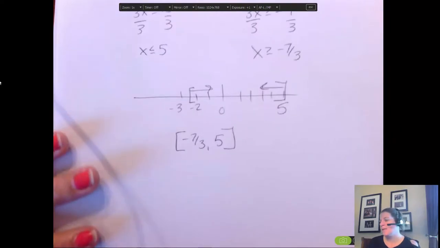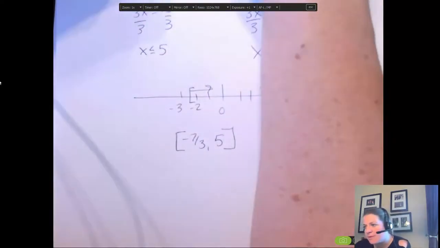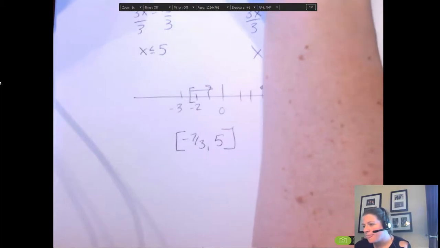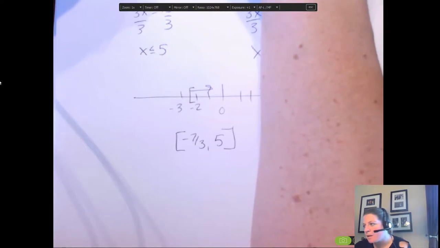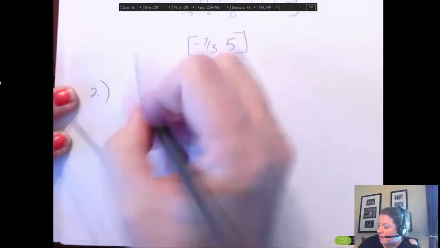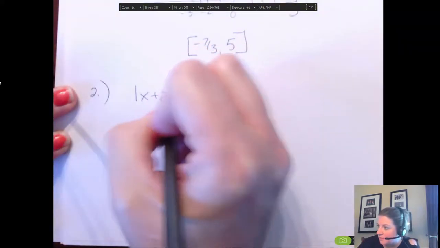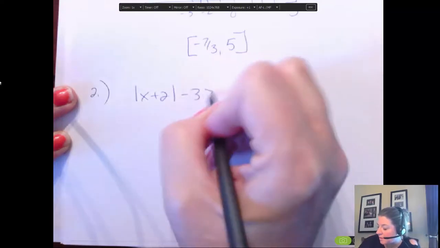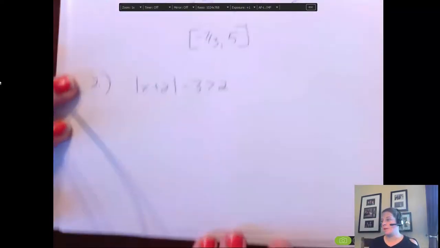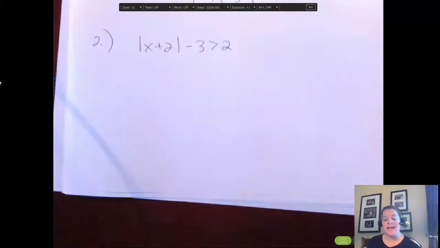Okay, let's look at if it would have gone the other way. What if I have the absolute value of x plus 2, minus 3, is greater than 2? First of all, we can't decide if it's greater than or less than until we have the absolute value by itself.